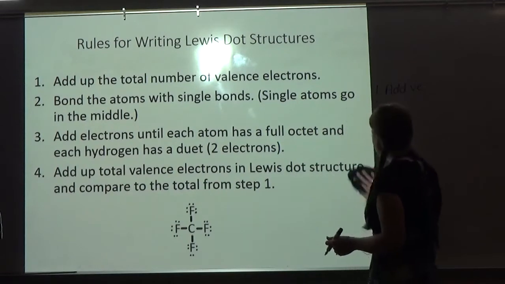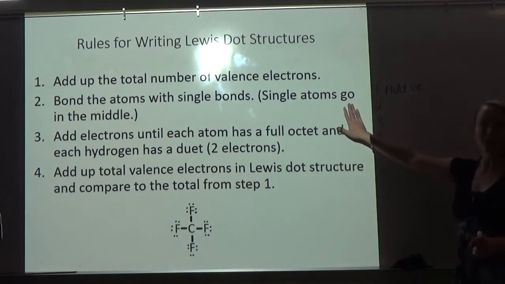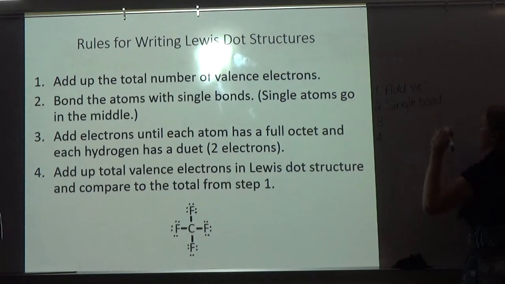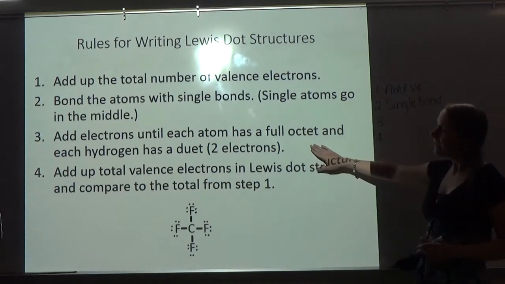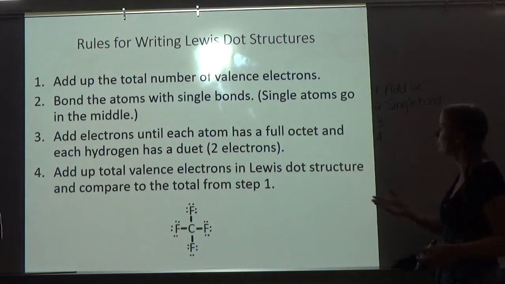Number 2 says bond all the atoms with single bonds. Single atoms go in the middle. So I'm just going to put single bond everything. Step 3, add the electrons until each atom has a full octet and each hydrogen has a duet, which is 2 electrons.